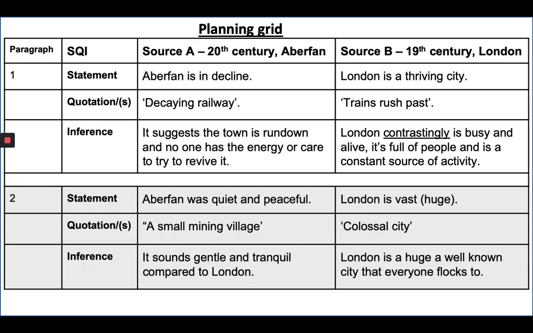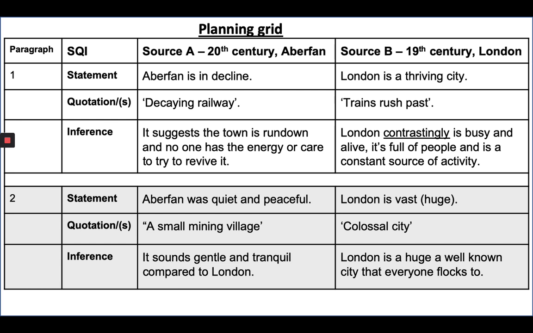Here are my inferences. So the decaying railway suggests to me the town is run down and no one has the energy or care to try to revive it. Contrastingly, trains rush past, I can infer London is busy and alive, it's full of people and is a constant source of activity.